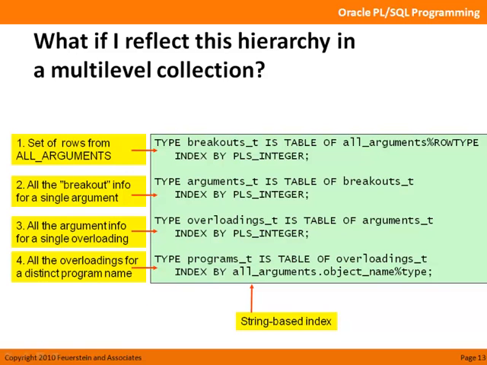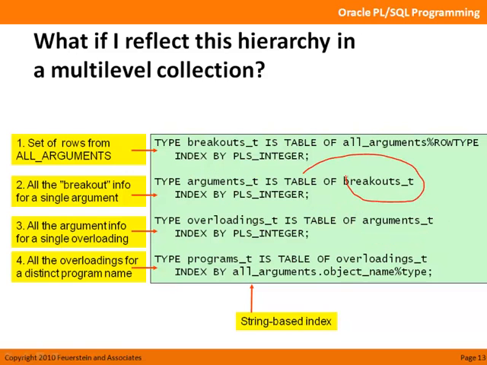First of all, my programs are organized by name. So I have an associative array indexed by the object name, the program name. And it's a list of overloadings of that program. Each overloading has an overload number, so it's indexed by integer. And it's a table of the arguments for that overloading. Each argument or parameter has a position in the list, so it's indexed by integer. And that has a table of breakouts.